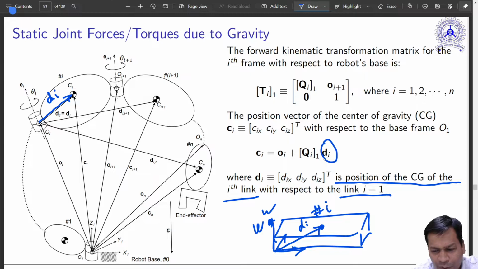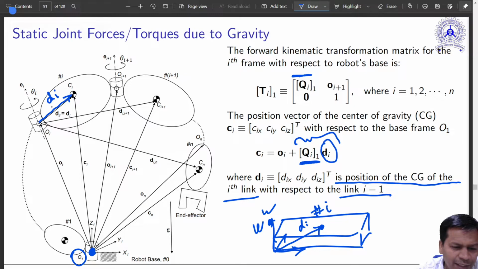If I rotate that frame with respect to the ground frame, the first frame, you have to multiply this by q_i. This is the orientation matrix. You have to multiply this to express d_i in terms of the robot base. This is with respect to the base transformation.